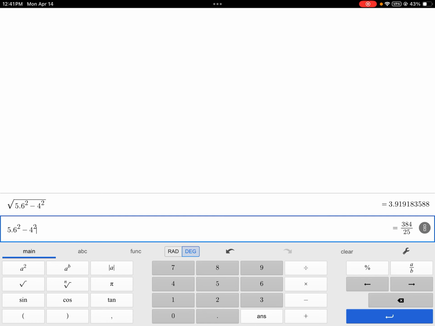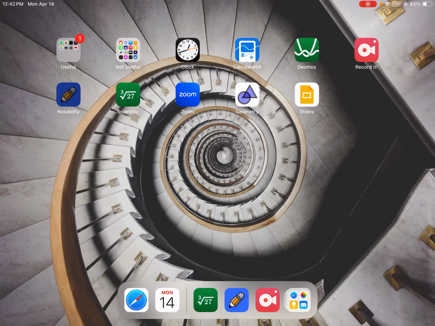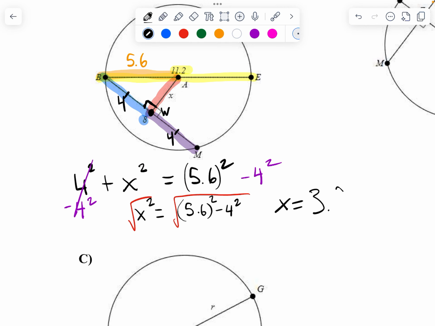And then take the square root of that fraction, which isn't too bad. And then that would simplify it. That would be your exact answer. But if it wants the decimal approximate, which is what we're going to do here, then you're totally fine to go with that top number. So 3.919. So x equals 3.919. Fantastic answer to use. And there you go. That's it.